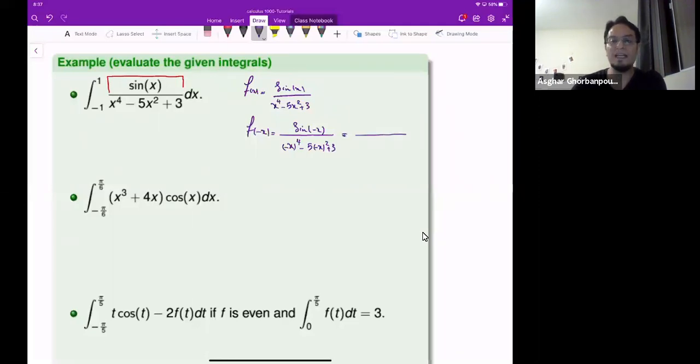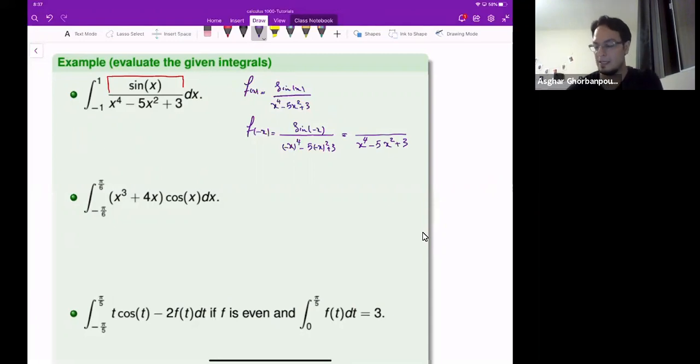Negative x to the power of an even number is always x to the same power, because negative 1 to the power 4 is 1. And the same works with x squared. So the denominator stays the same.